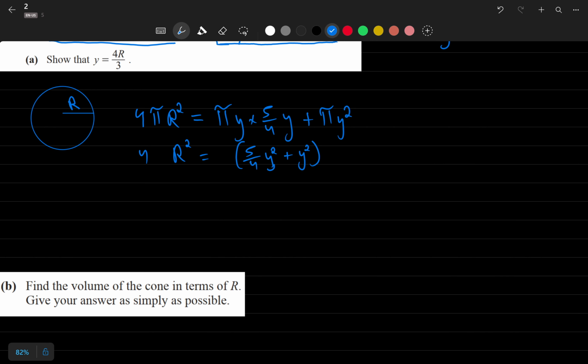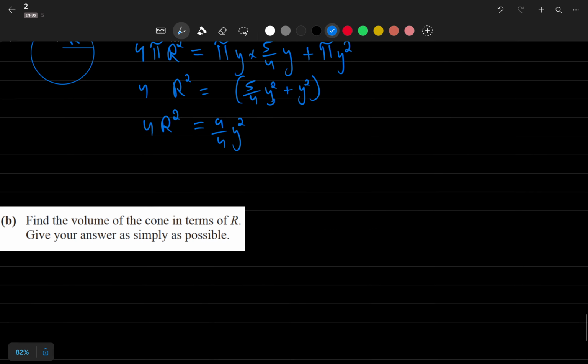The remaining part is 4 r square, which is equal to 5 by 4 y square plus y square, which is equal to 4 r square equals to 9 by, let me calculate this. It is 5 by 4 plus 1, 9 by 4. 9 by 4 y square.